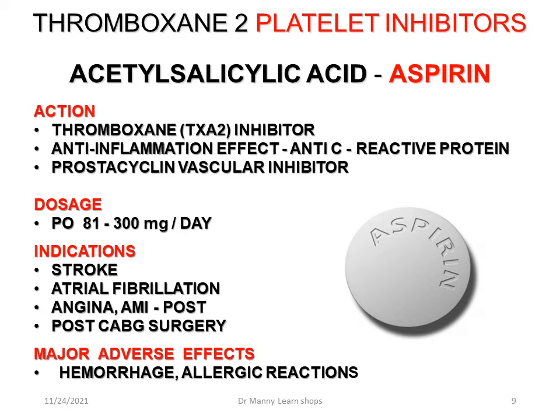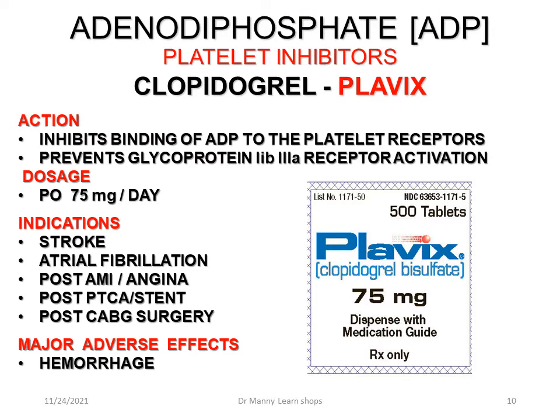Typically the dose is 81 to 300 milligrams per day, and the indications are for stroke, atrial fibrillation, which could cause stroke, angina, acute myocardial infarction after post-AMI, and post-coronary artery bypass graft surgery, because it inhibits platelets and thrombosis. The major adverse effects, however, are that you can bleed, and you may end up having allergic reactions. But it's a very useful medication.